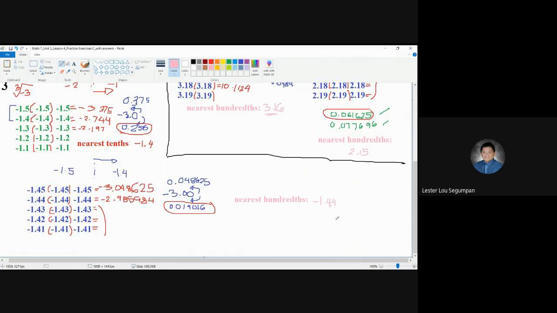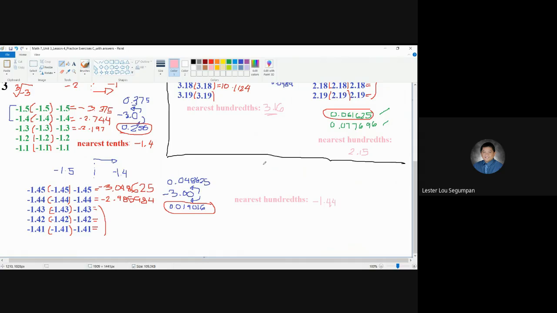As to how do we know if our answers are correct? We could just simply use calculators. We could just simply take the values in calculators. You're correct with that. No problem with that. But of course, if you will be asked later on not to use calculators, it would be very nice if you know how to solve it.